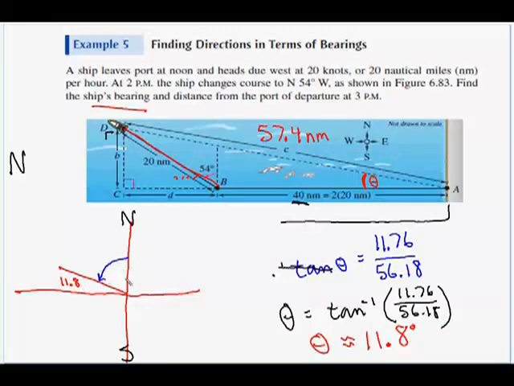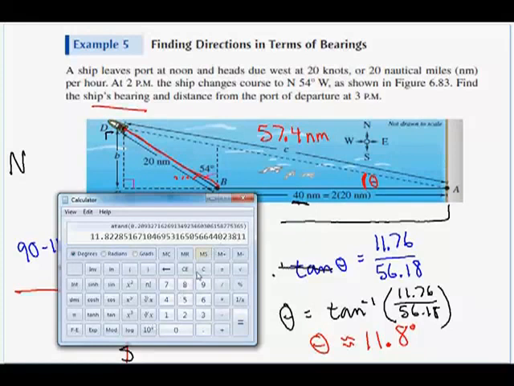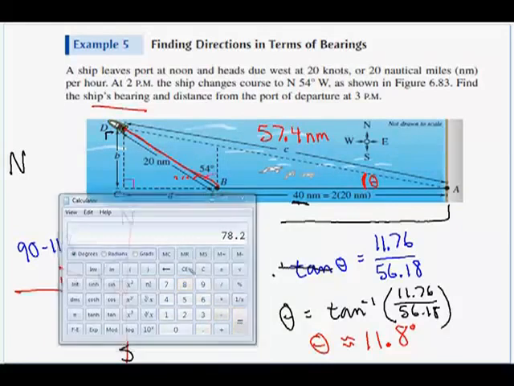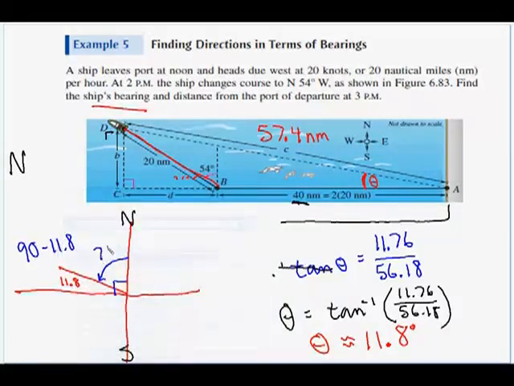So we need to find this angle, and we know, of course, we have a right angle here. So 90 minus 11.8 is 78.2. So that is a 78.2 degree deviation from the north-south line. So we have north, 78.2, and the direction we changed to was a westerly direction.